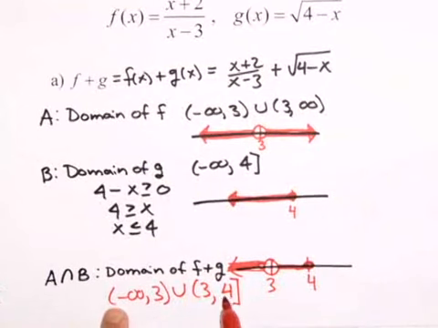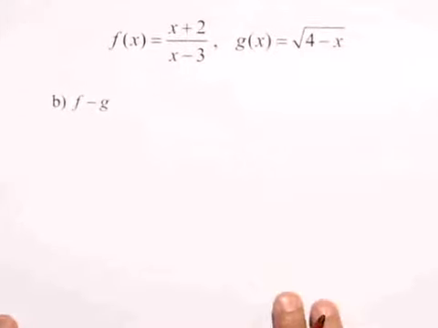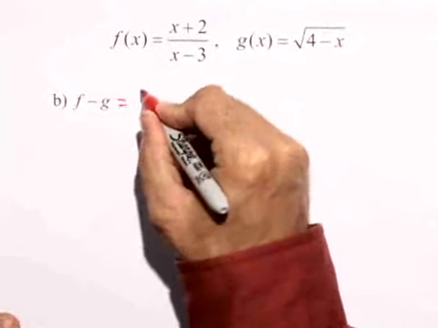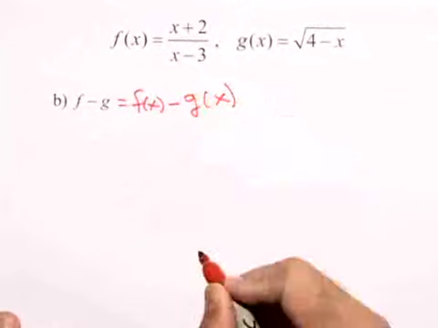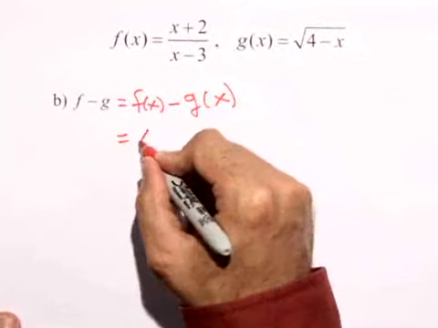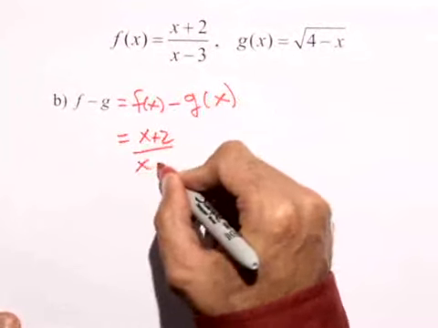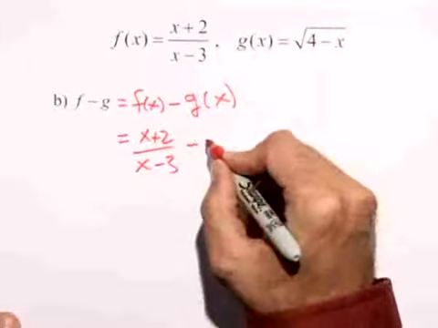Now the nice thing about this is this will exactly be the domain of f minus g and f times g. Okay? So let's do f minus g. F minus g is f of x minus g of x, which is x plus 2 over x minus 3 minus the function g.